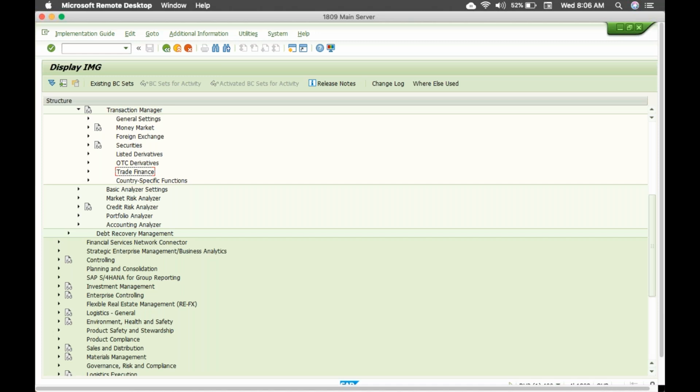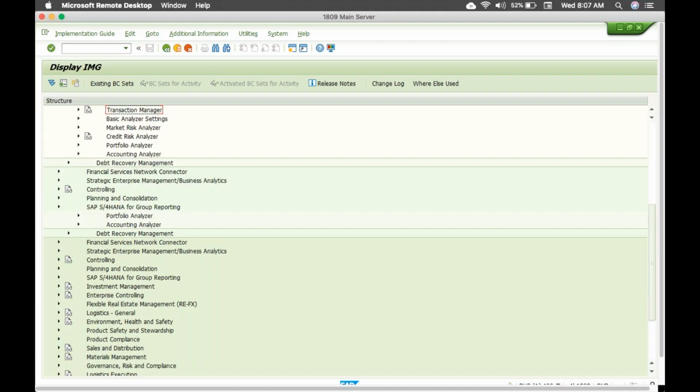But when you come across trade finance, this is not updated in existing R3. In existing R3, we create these trade finance applications under the part of securities. So what you need to do is, now it's a separate instrument.